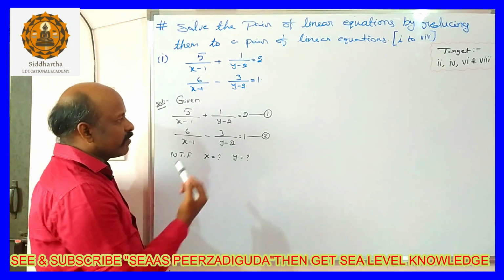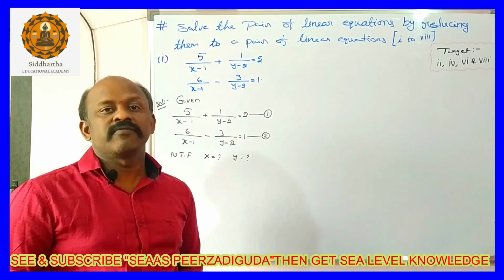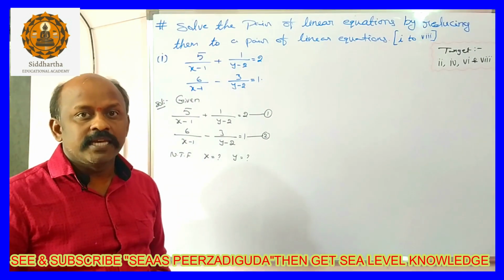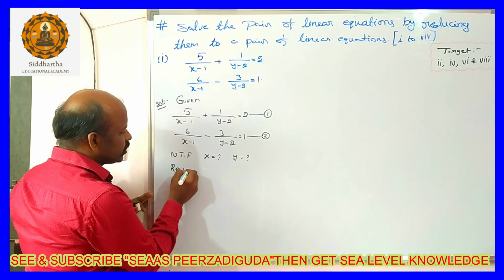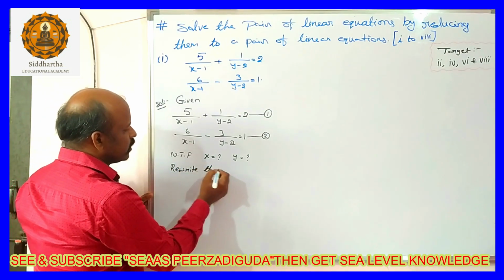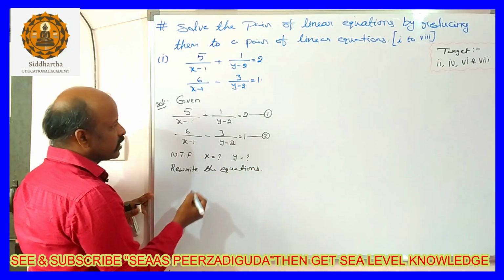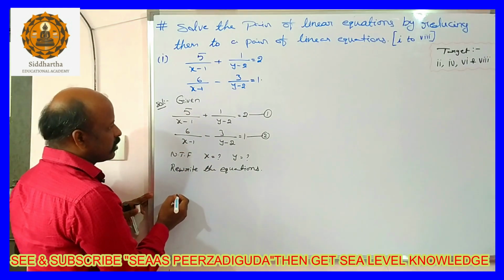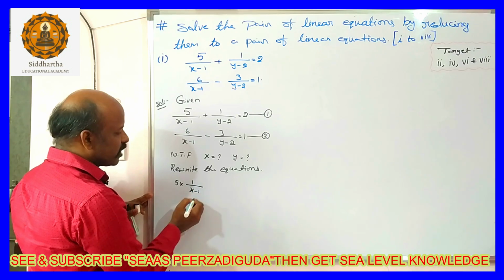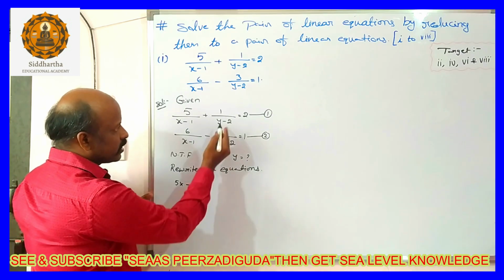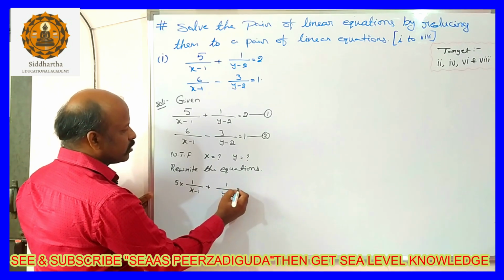For finding the x and y values, the first step is to rewrite the equations. Equation number 1, I write as 5 into 1 by x minus 1, plus, here nothing is there, only 1, 1 by y minus 2 is equal to 2.